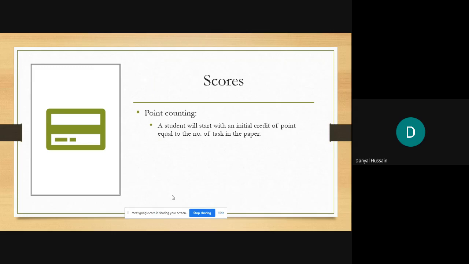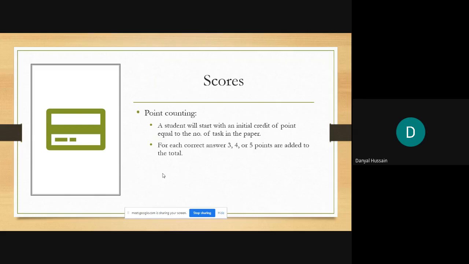For example, if we have 30 tasks in this contest, our initial credit is 30. So if we mark the correct answer, we will increase our points from 30. And if we select the wrong answers, we will get negative marking as well. Remember, the negative marking concept is very important to understand.